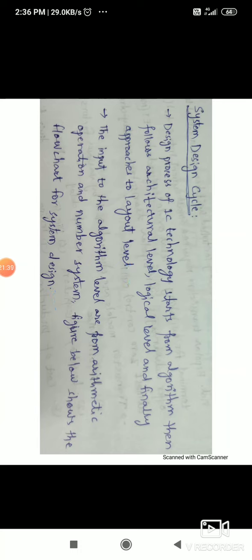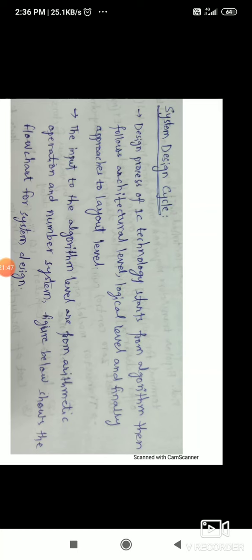The input to the algorithm level is from arithmetic operations and number system. You can see the flow chart. Here, the input to the algorithm level is algorithmic operation or number system. Next is the architecture level, then the logical or floor plan level, or layout or logic gates level.